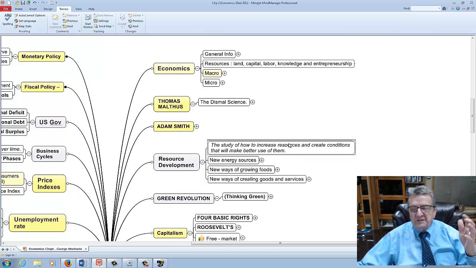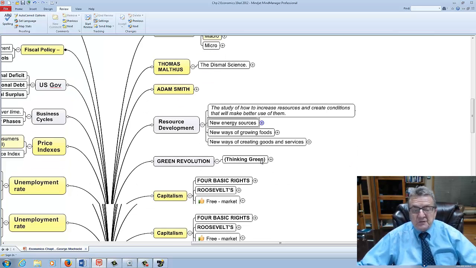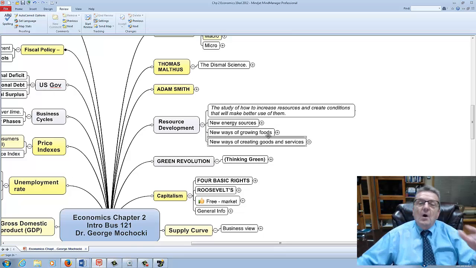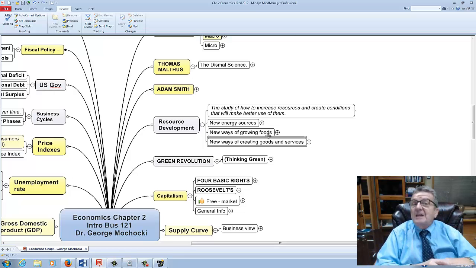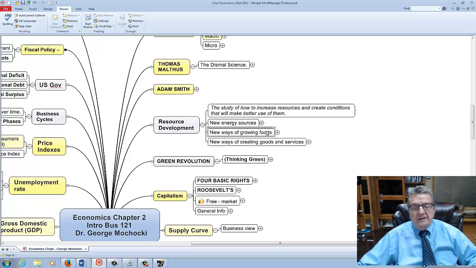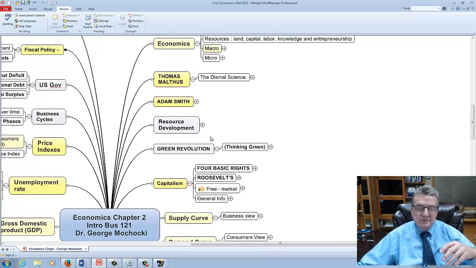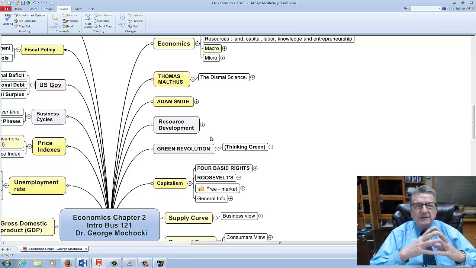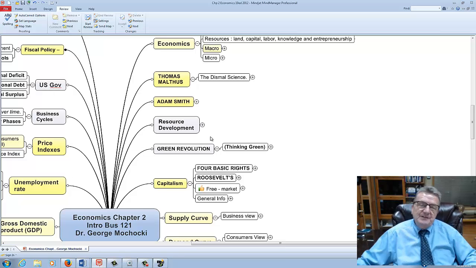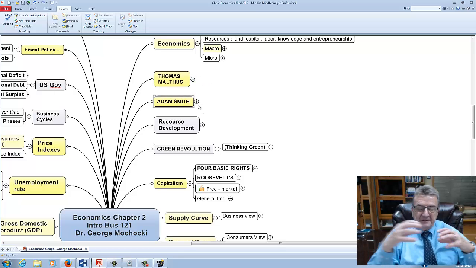The next is resources: how to increase resources, new energy sources, new ways of growing food. All this makes me more productive, more efficient. I minimize my waste, so now I can make more profit with a smaller amount of input or capital going forward. Now the Green Revolution makes a big difference in economics. Before, with the Adam Smith concept of the free market, I'd do everything to minimize my cost.